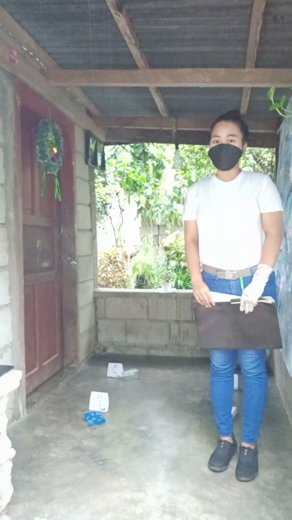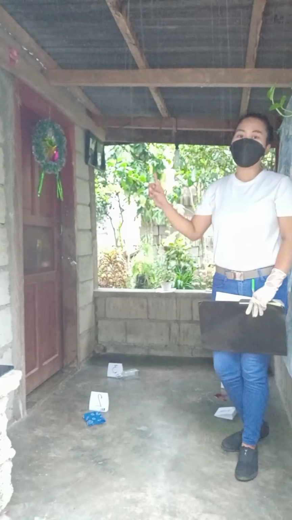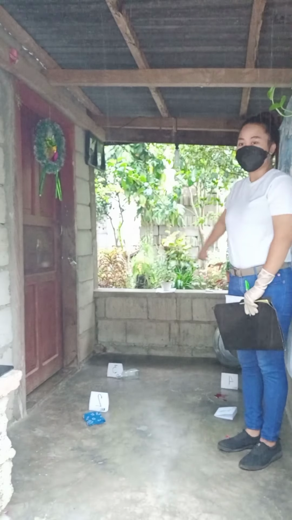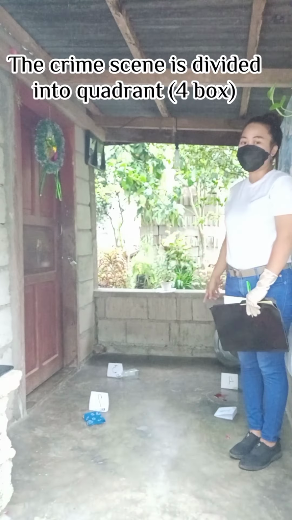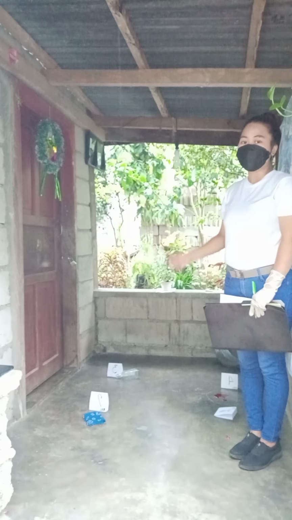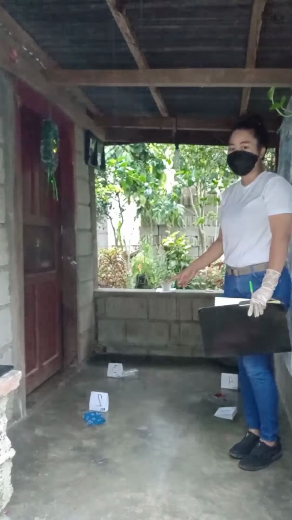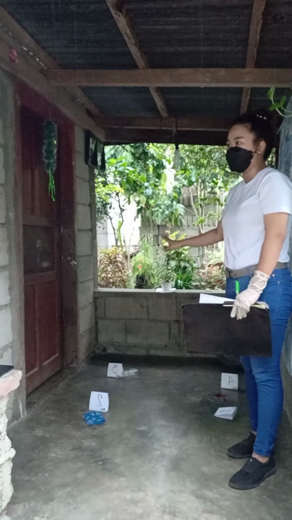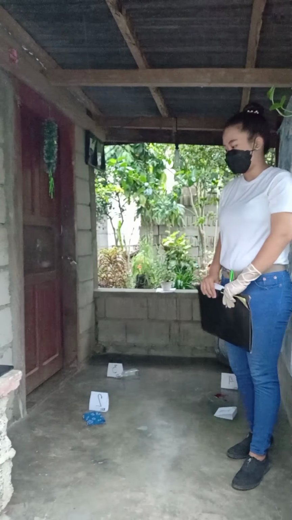The third type of method in searching evidence in a crime scene is the zone method or the quadrant method, in which the crime scene is divided into four quadrants, and each quadrant will be searched. In every box or quadrant there will be one specific investigator assigned.